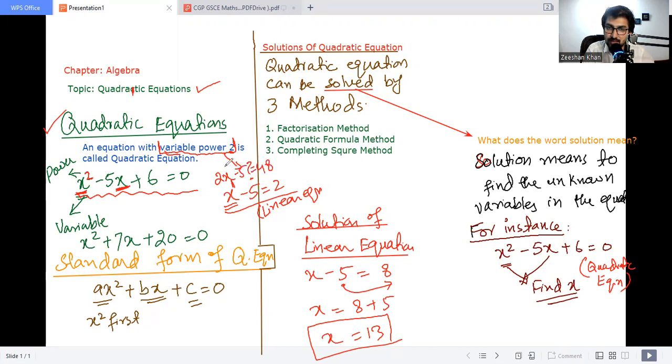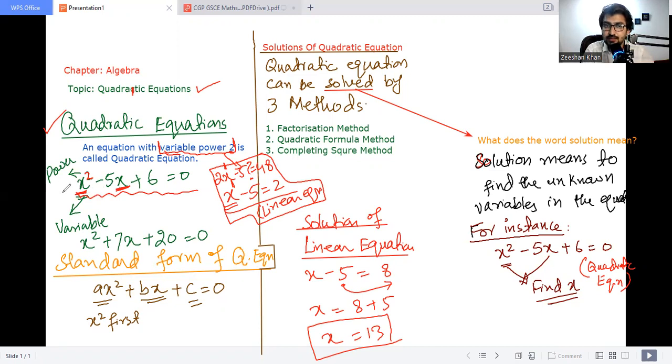It could be anything, but we need to see the power. The power is 1, so we call this a linear equation. And in that case, the power is 2. It is a square. So when the power is 2, that is called a quadratic equation. We have already discussed linear equations and their solution in the previous lessons. We have learned how to solve a linear equation.